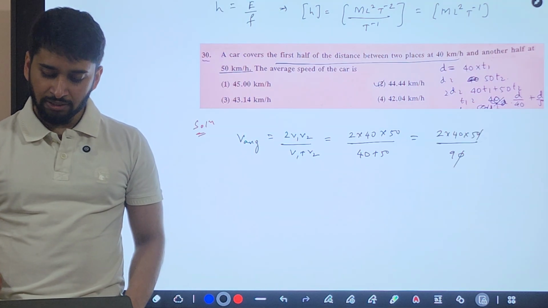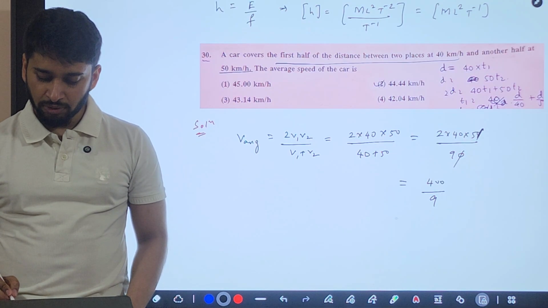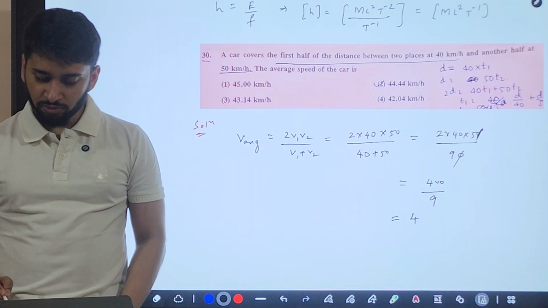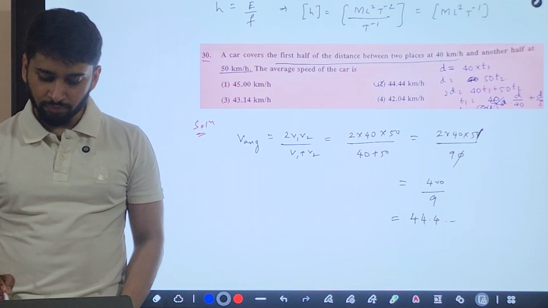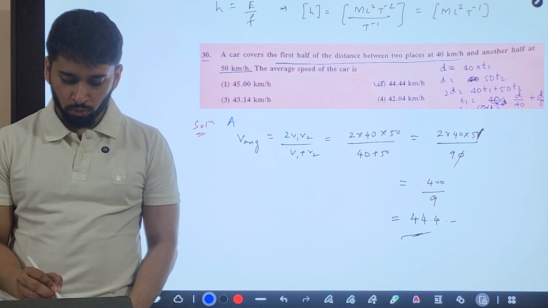The zeros get cancelled, 5 2s are 10. So 400 by 9. 9 3s are 27, 9 4s are 36. So 44.4, like that it will come, right? So answer will be option 2.